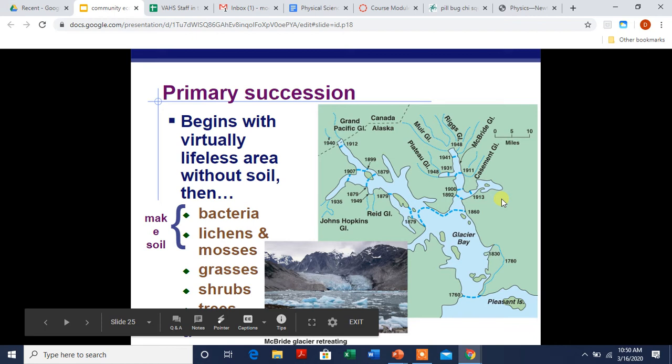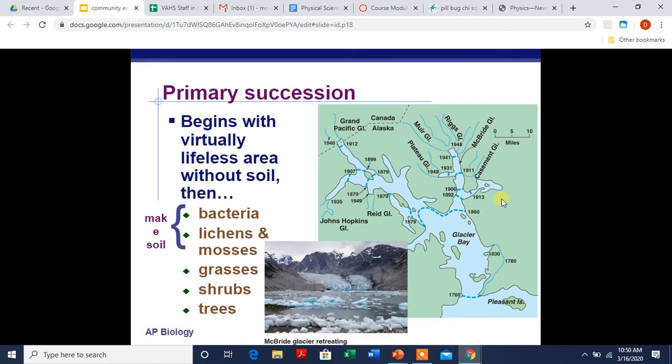And as they grow and die, they will add more biomass to the soil, more nutrients, such that small shrubs and woody plants can grow that need a little bit more nutrients and a little bit more substrate. And as they die and further enrich the soil, finally trees can grow. And this predictable pattern is an example of succession, of primary succession.